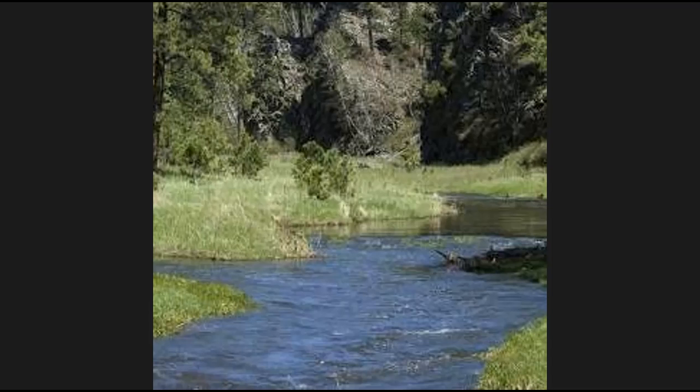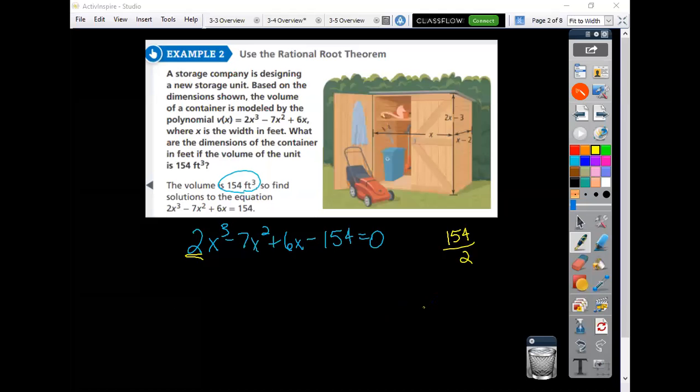So again, let me share my Desmos screen with you. So this is the problem I was trying to do here. Trying to work on this shed. And we've got this equation. I moved this 154 to the left here, subtracted it over. And now I'm trying to find out what are my dimensions. So what is x?